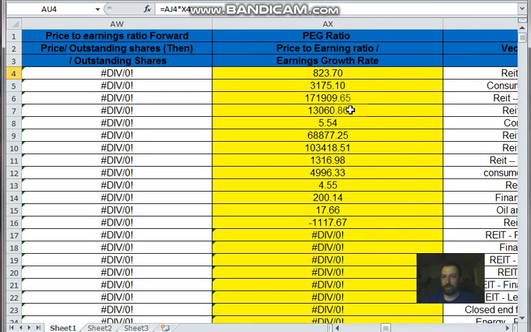So PEG ratio, I will be going over this. Once again, these are very in-depth formulas. Some of these are very easy, some of these are more in-depth. I do want to go over the in-depth formulas later on.